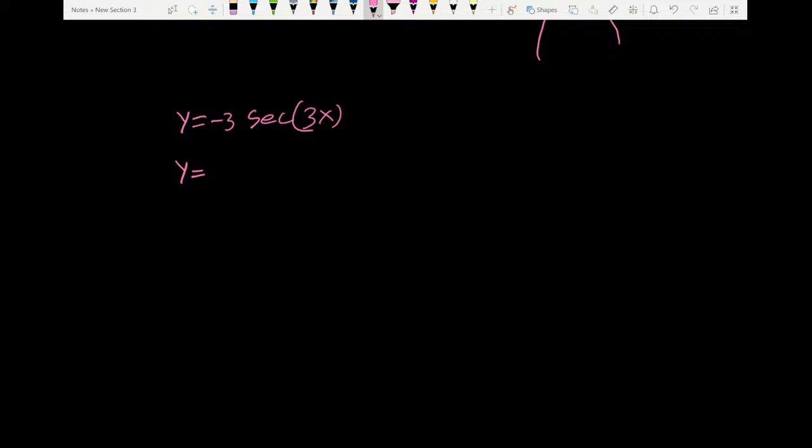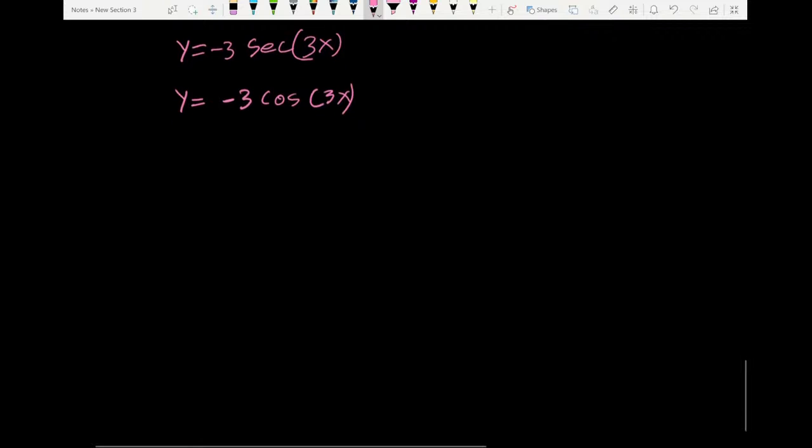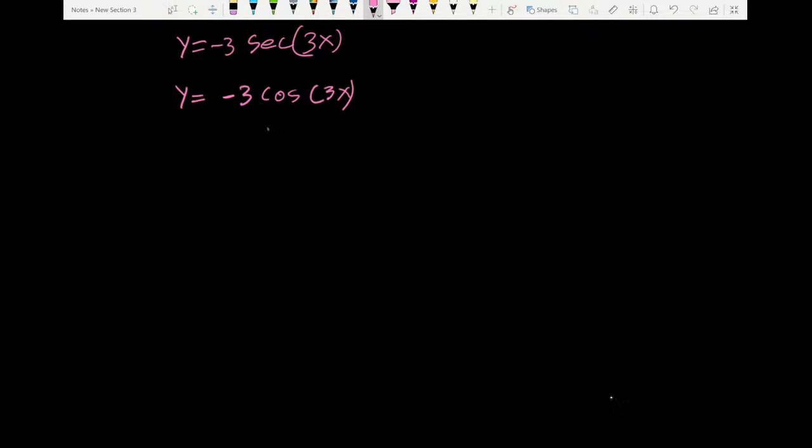For that one, let's graph -3 cosine of 3x. Well, let's graph this guy. Oh, before we do that, amplitude is 3 and starts at the bottom.